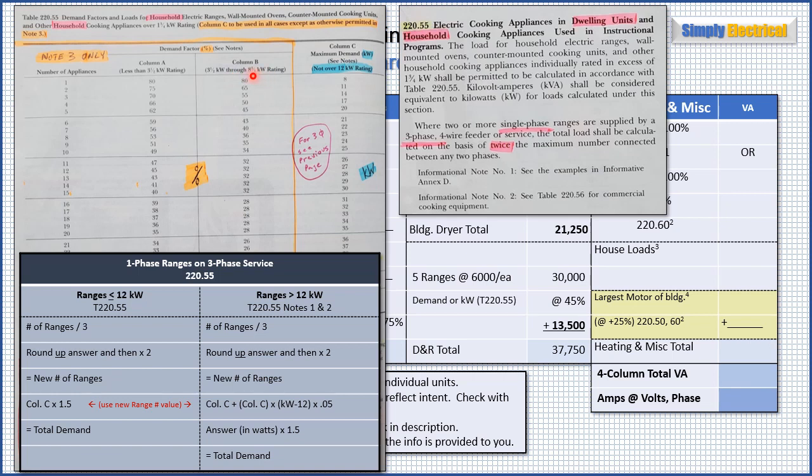If we go down to 5 ranges, come across, and our demand factor, or our percentage, is 45%. That's our demand factor percent. So down here, we got 30,000 at 45%. We come up with 13,500 volt amps.